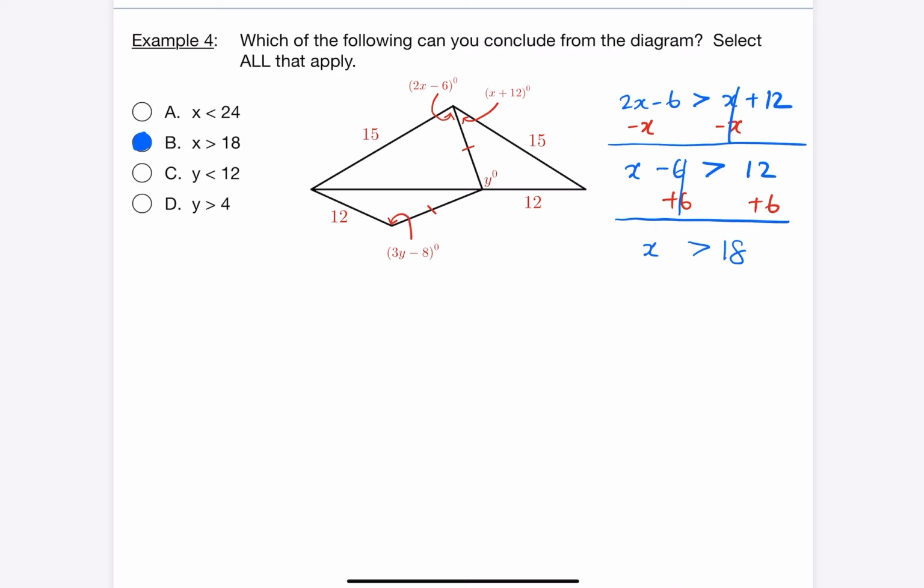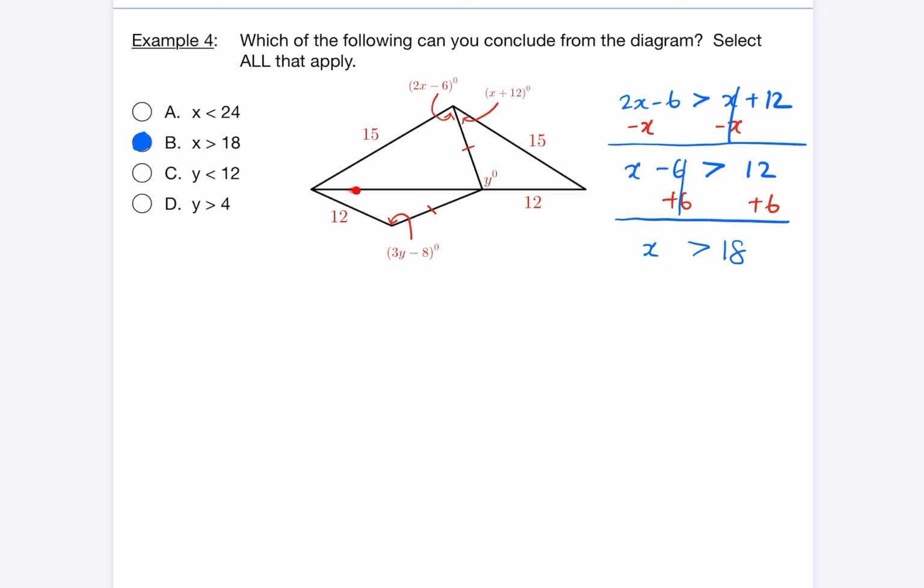We established earlier that this side, okay, is larger than this side, okay? And so we would say then that this side is larger than this side, okay?